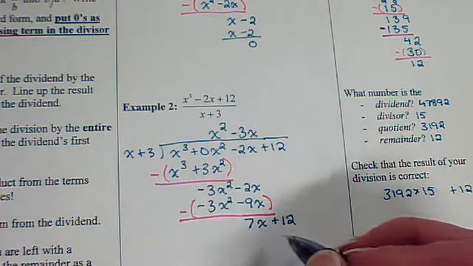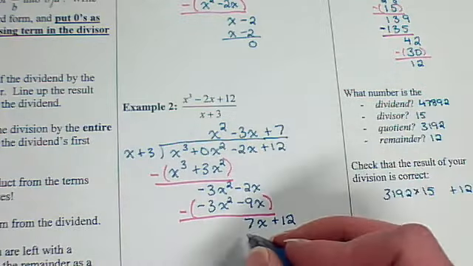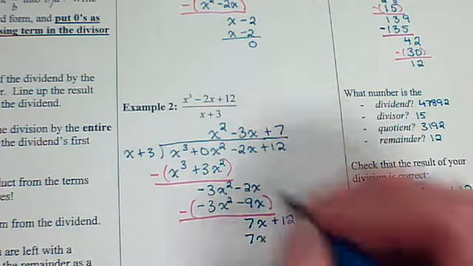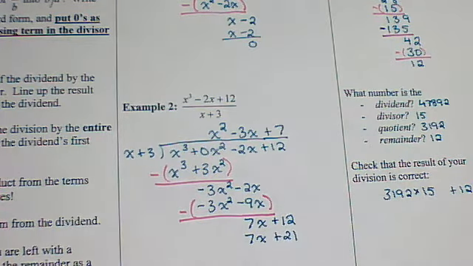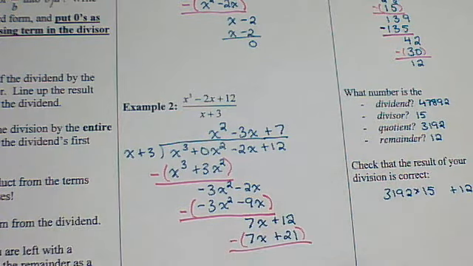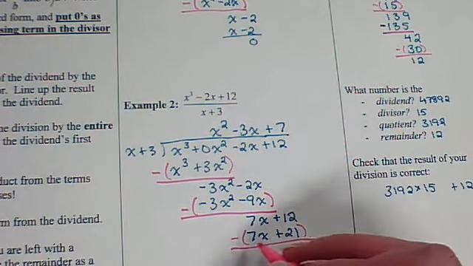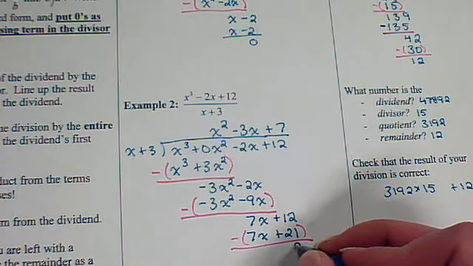So x times what gives me 7x? Well, that's a 7. 7 times x is 7x. 7 times 3 is 21. And now we're going to subtract. 7x minus 7x, gone. 12 minus 21, that gives me 9.